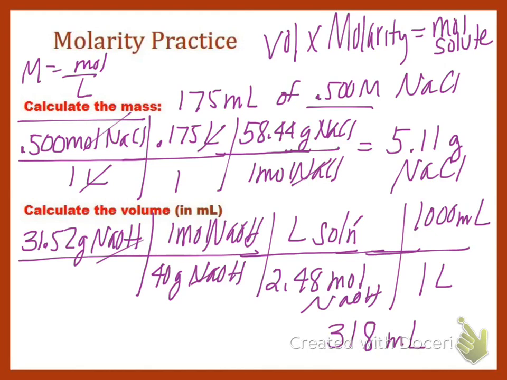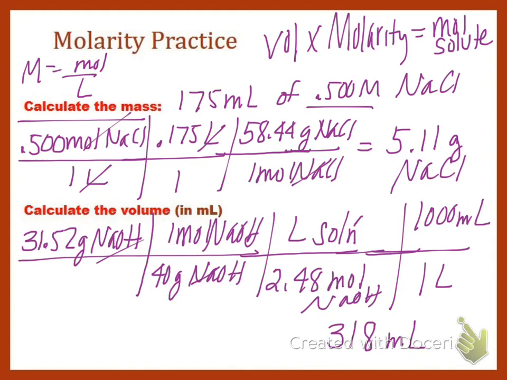Okay? Yes, sir? So it's saying that we know that volume times molarity equals moles of solute. So 2.48 is the molarity, right? Because that was given to us in the problem, yes. 2.48, big M is molarity. So it's basically volume times 2.48 equals 31.53 grams, if you worked it backwards.